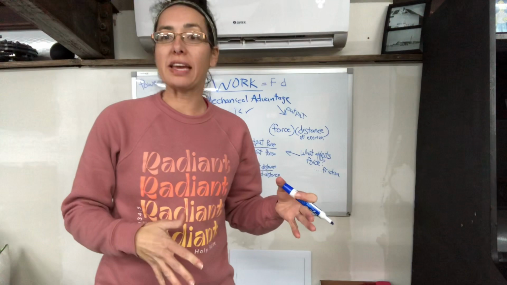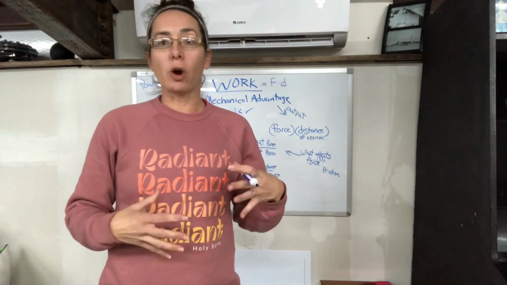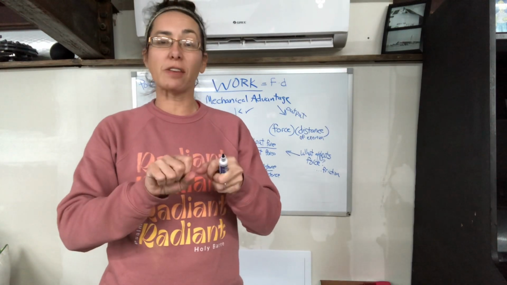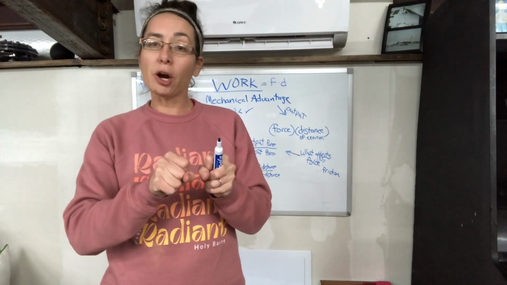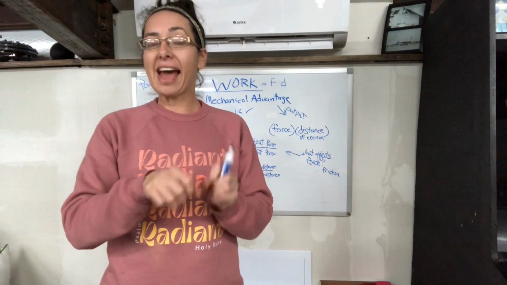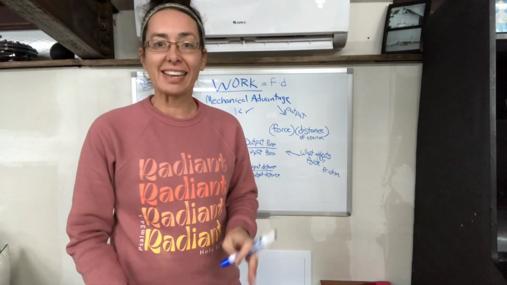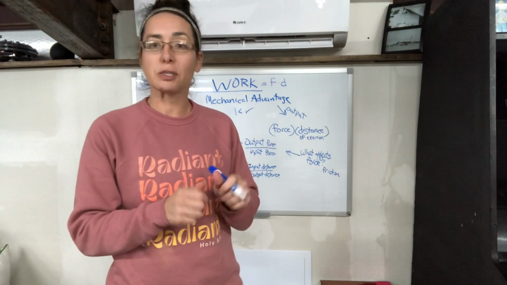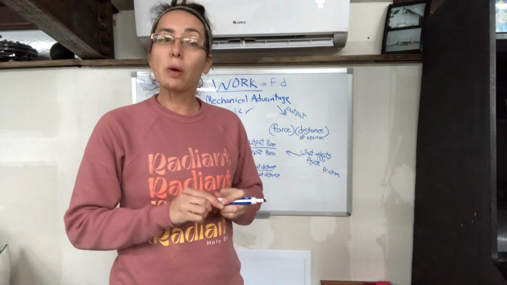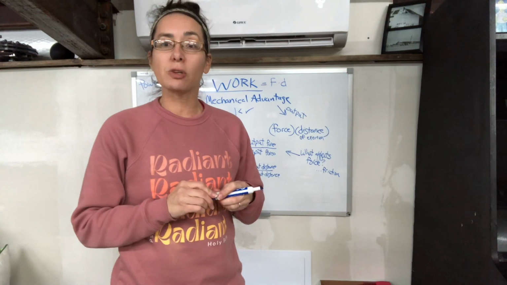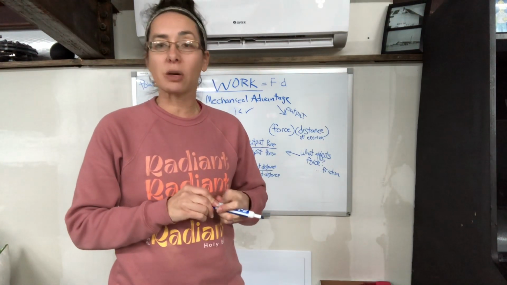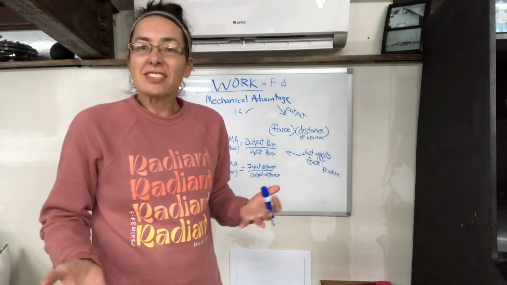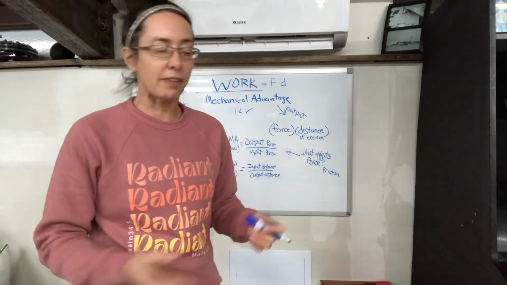So last week we learned about work, and we did a lab where we were experimenting with the difference of how much power our hands had and maybe how much power our legs had as we were going up the stairs and as we were rolling up the spaghetti boxes on it. And so we worked through a lot of those examples and those equations, and you did that for your lab this week. So we're going to tie it all together and see how that gets used in everyday life.